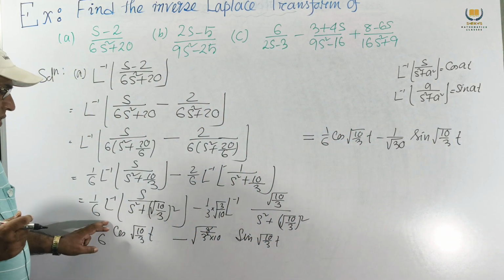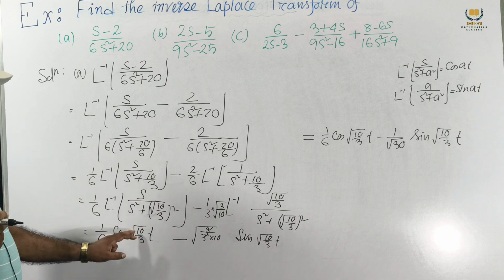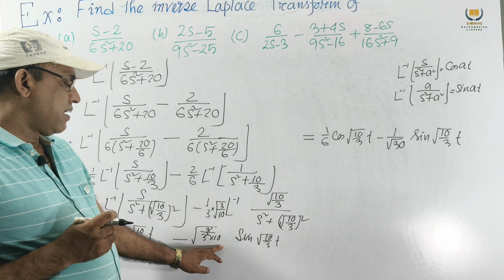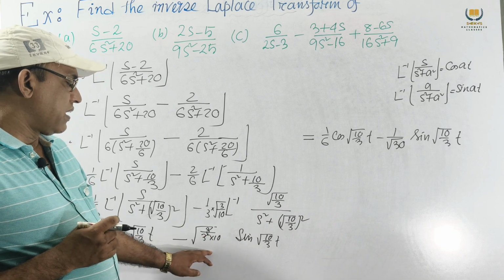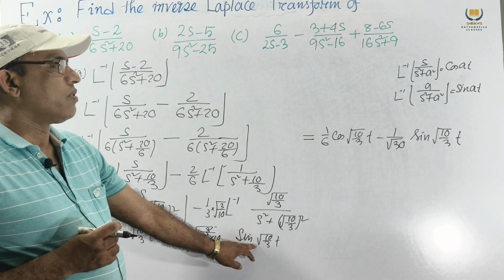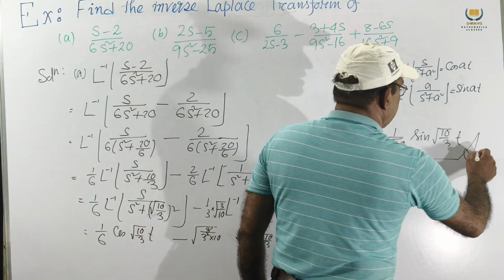So we get 1 by 6 cos root 10 by 3 t, minus 1 by 3 root 30 sin root 10 by 3 t, and this is our answer.